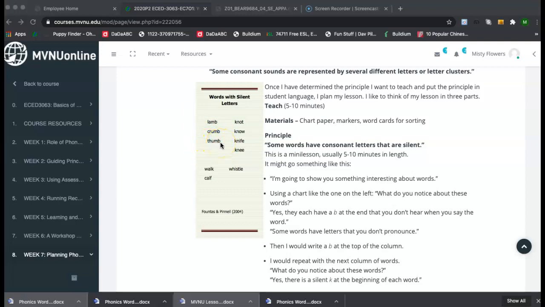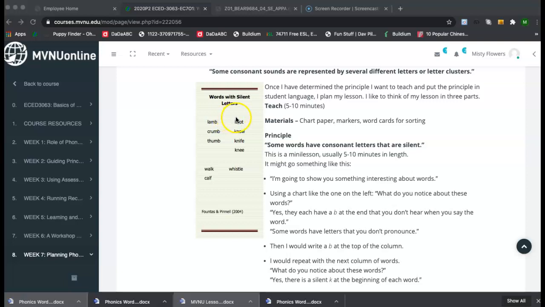What do you notice about these words? And I'm going to give them some think time. Then I would say, yes, they each have a B at the end that you don't hear when you say the word. Some words have letters that you don't pronounce. So then I could put a B up here because that's the silent letter.